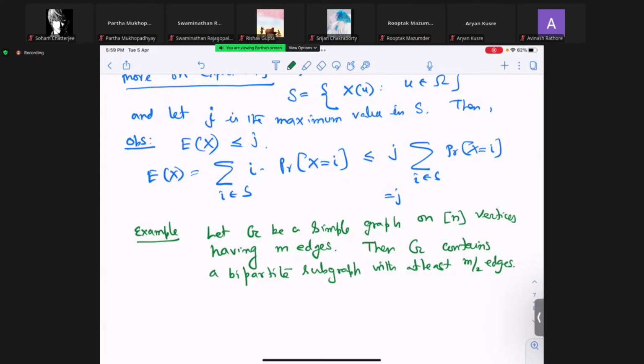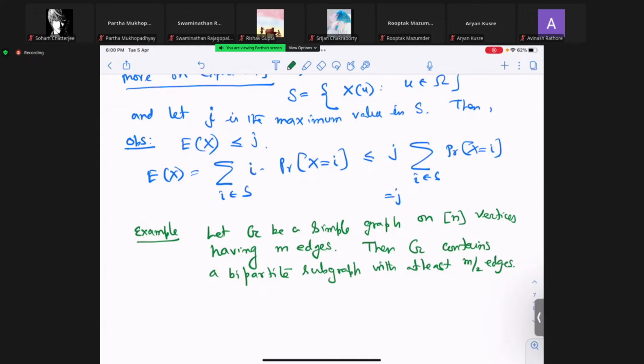The most logical way to do that is to take the vertices of G and split them into two parts, and then look at the edges flowing across the two parts, ignoring the edges flowing inside the pieces.